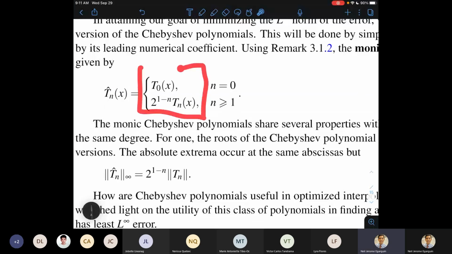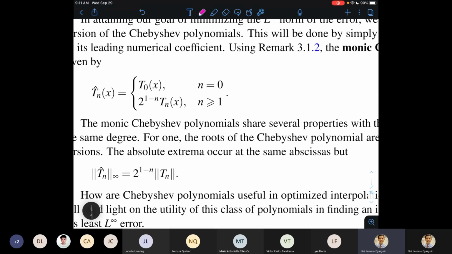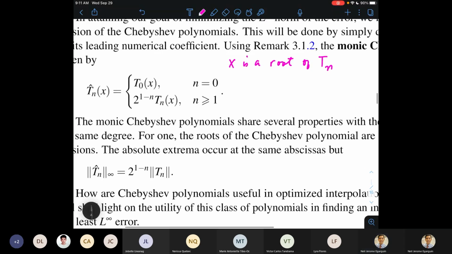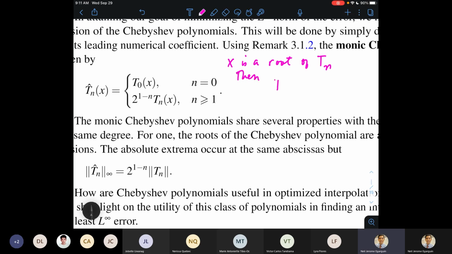Tapos ganito yung definition niya. Right? So kapag hindi siya monic, i-multiply ko lang siya ng 2 to the 1 minus n. Okay. But the nice thing about scaling a polynomial, hindi nagbabago yung roots. Kasi kapag si x ay root, so if x is a root of T sub n, then we know that T sub n of x will be 0.